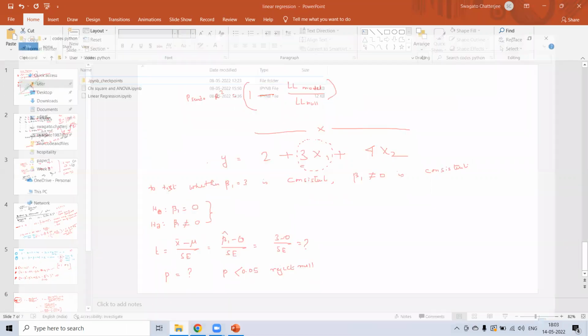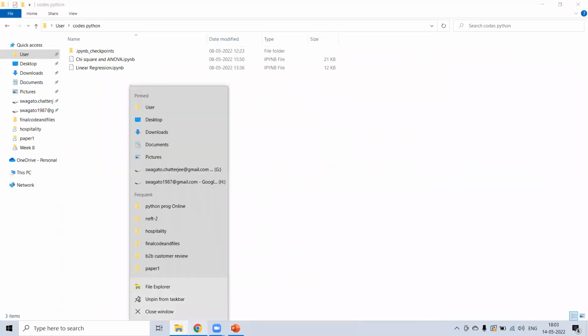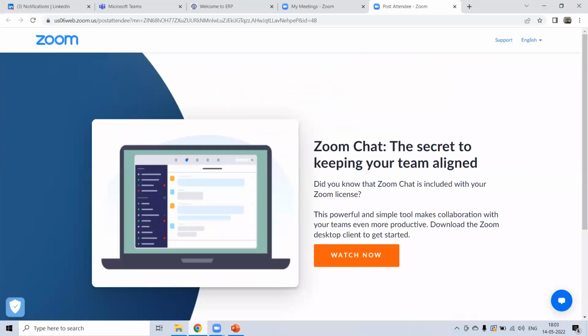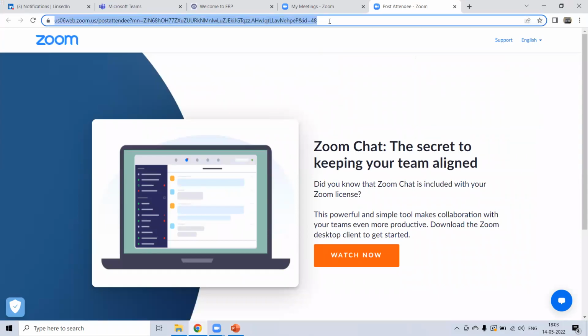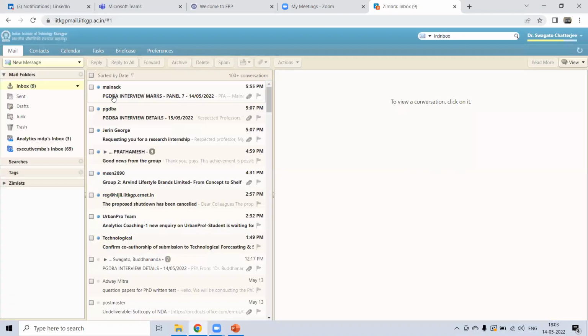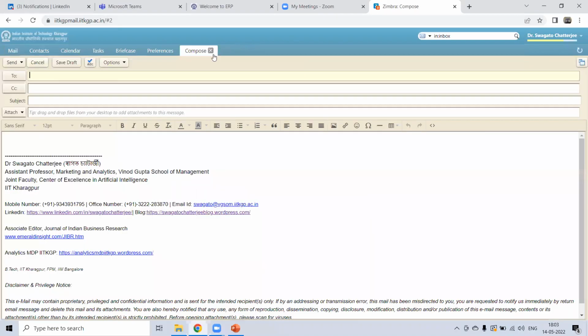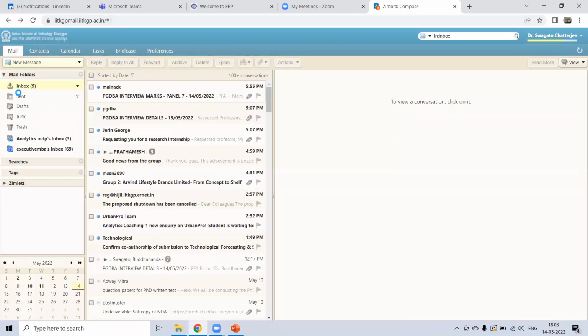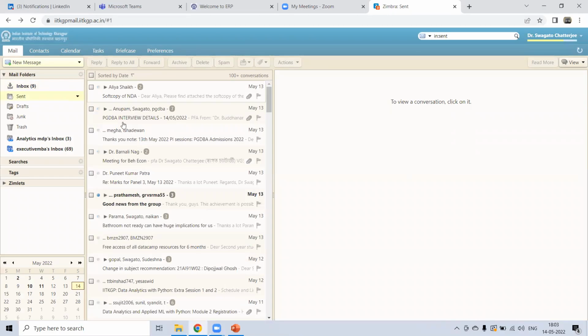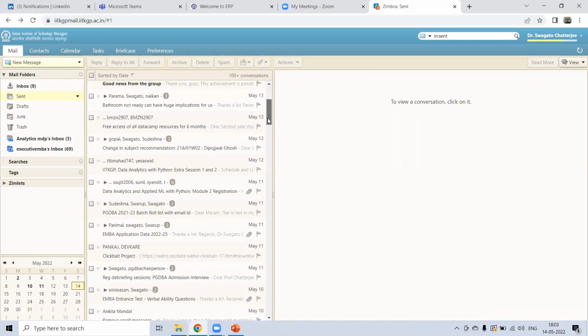In the last class, I shared this linear regression. Oh, I didn't share it, probably. Let me share the Python code quickly. Just 1 minute. I'm sharing this notebook with you guys.